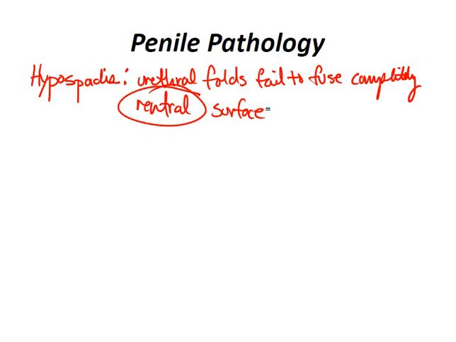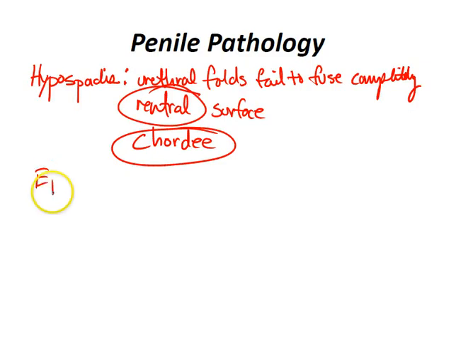It's associated with chordee, that's spelled C-H-O-R-D-E-E, which is a poorly developed penis that curves ventrally. Surgical correction is usually done to prevent UTIs. Alright, then we have epispadias. Now, epispadias is associated with exstrophy.